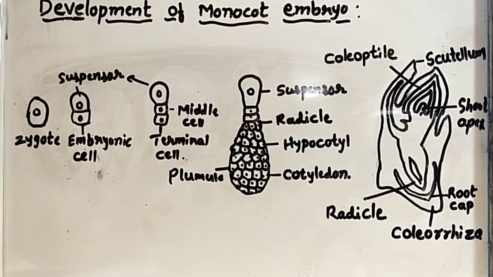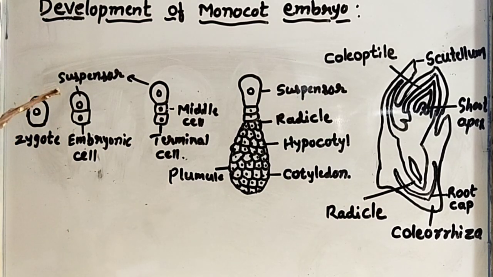In monocot embryo development, the zygote undergoes the first mitotic cell division and gives rise to how many cells? Two cells.